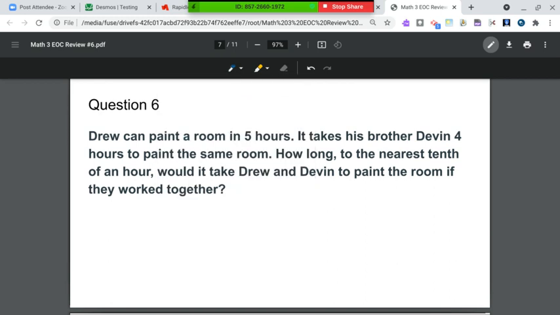Lily, I got you. Okay, so 1 over Drew's rate plus 1 over Devin's rate will equal 1 over the time it takes them to complete the task together. Look across the bottom. You have a 5, a 4, and an X. What's your common denominator? 20X. Perfect.